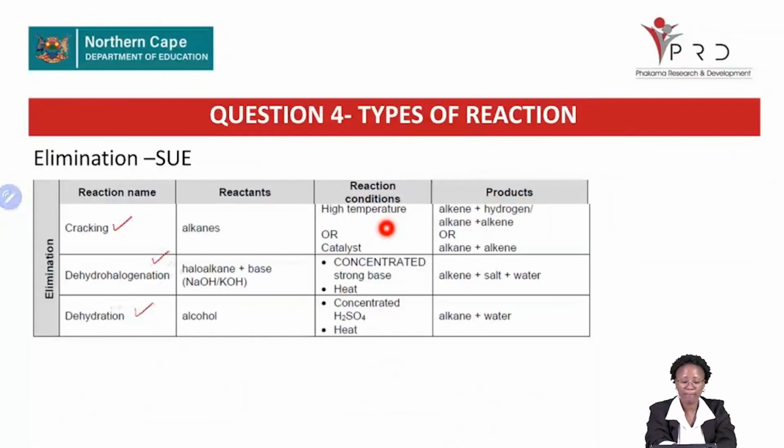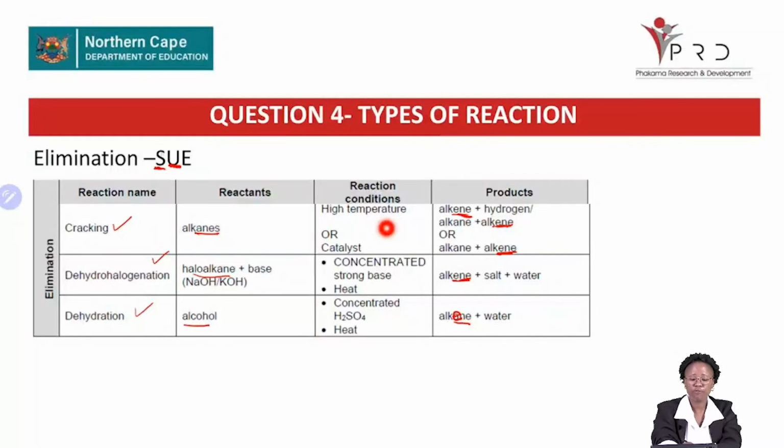What you must remember is that when you are dealing with elimination, you are looking at a saturated reactant. You can see alkane, haloalkane, alcohol. They are all saturated reactants. But when they react, their product will be unsaturated. Alkene, unsaturated, alkene, unsaturated, alkene, unsaturated. This is supposed to be alkene again, unsaturated.